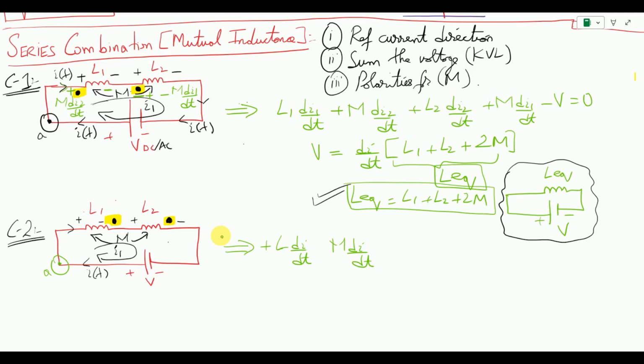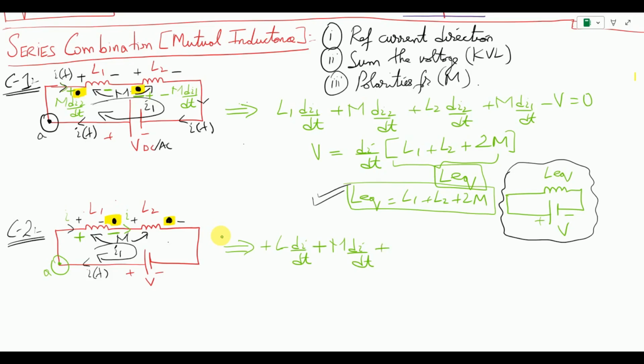Once the current passes through L1, it reaches at this point. So this was current over here. Now it is entering the inductor, but here it is leaving the dotted terminal. Since it is leaving the dotted terminal, the polarity for M will be negative over here and positive on the other side. So I can write my equation as plus M di by dt.